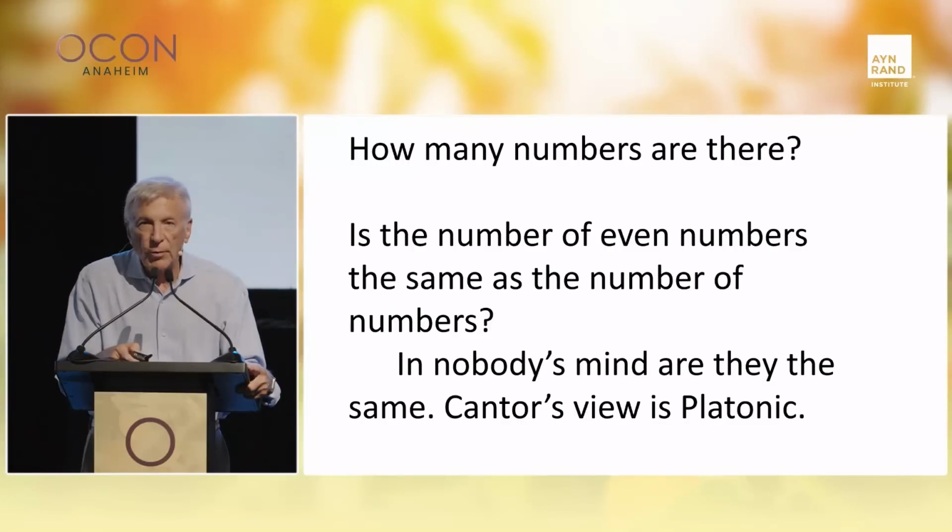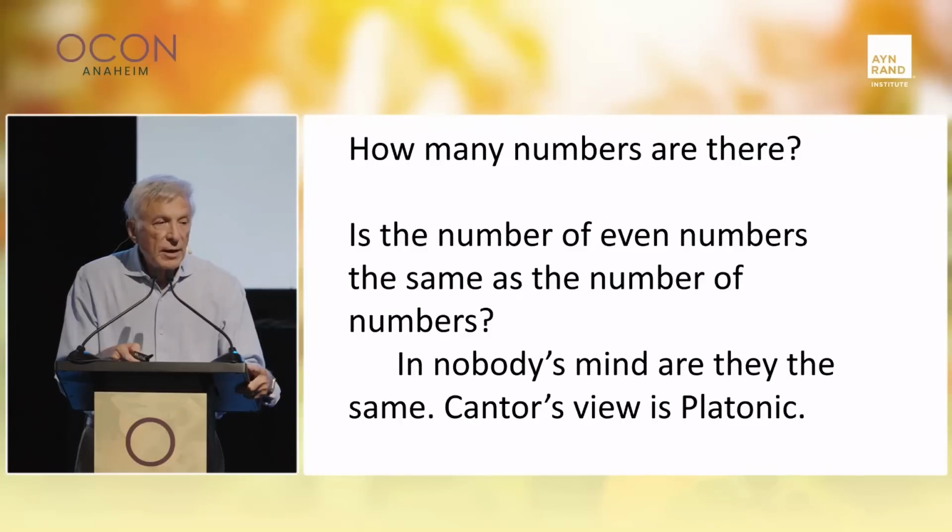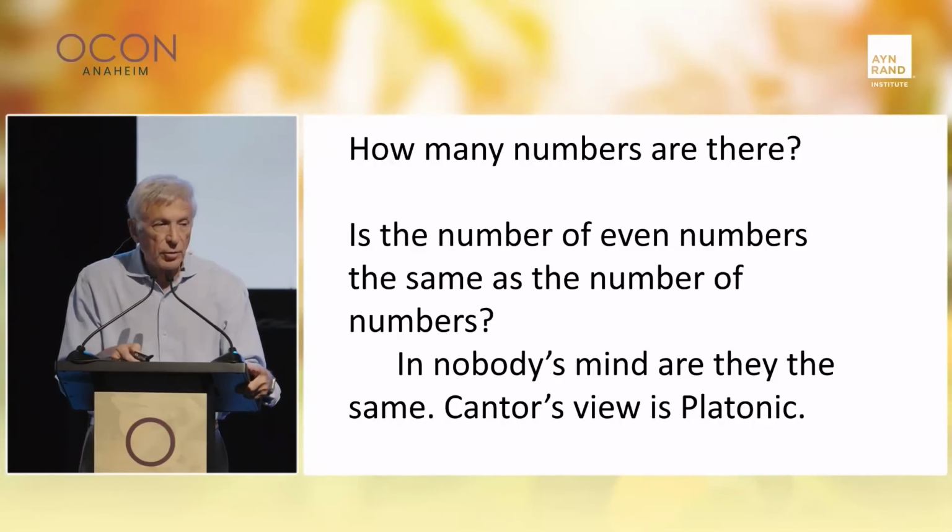It's impossible. So this is, again, the idea, oh, well, the numbers are there, and they're infinite. So if you've got an infinite supply of even numbers, you can always match one to one with the regular total set of numbers. But they don't exist out there.